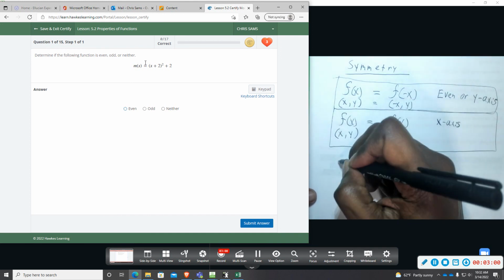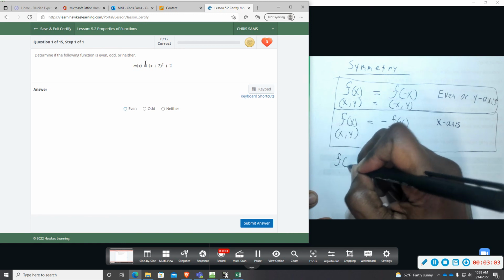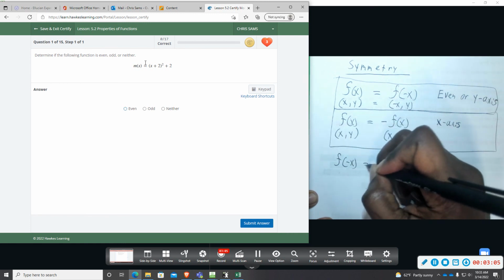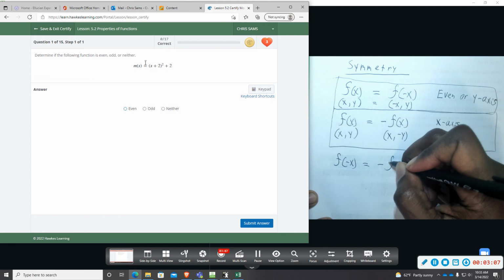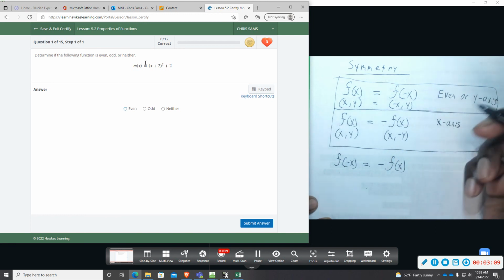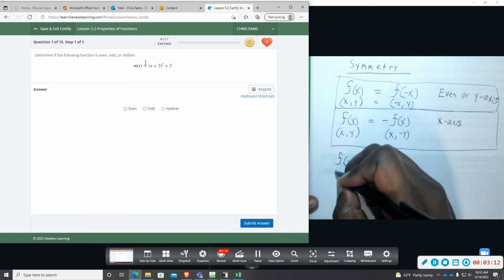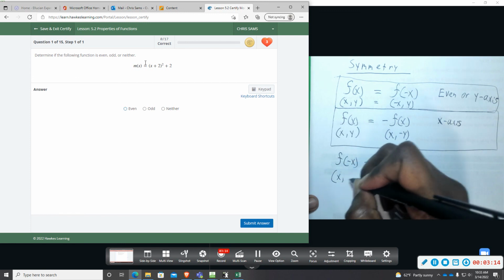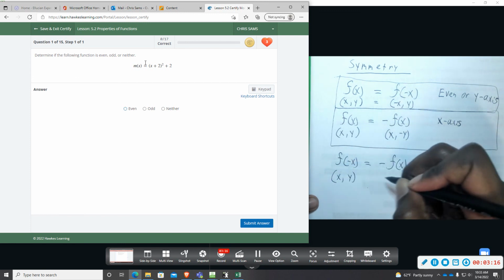We compare f of negative x to negative f of x. And what this means is you're going to change both the x and the y.